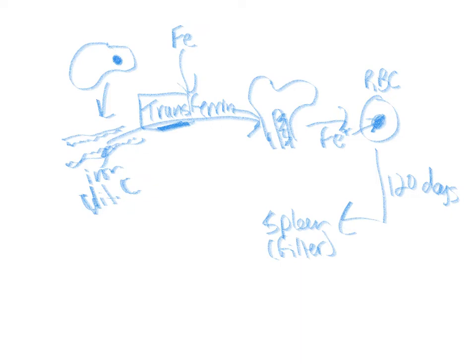So what eventually happens is, certain proteins and things that were used to make the red blood cell can be reabsorbed into the circulation. But the hemoglobin that was inside the red blood cell, once the red blood cell is broken down, turns into something called bilirubin.